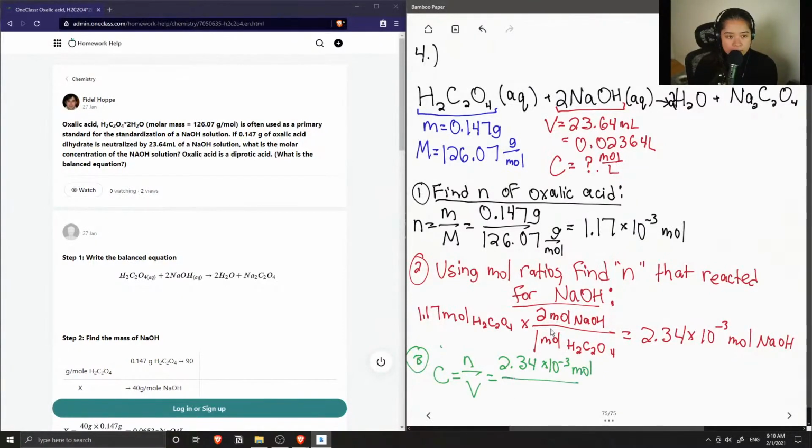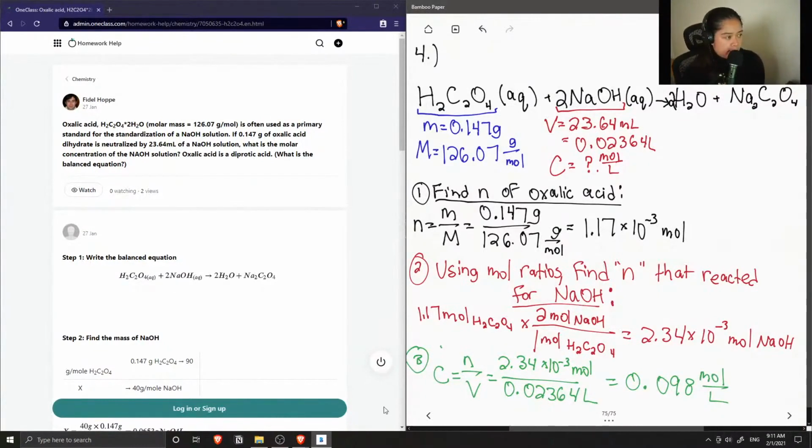And the volume of solution that was added to neutralize was 0.02364 liters, which gives us our final answer, which is around 0.098 moles per liter.